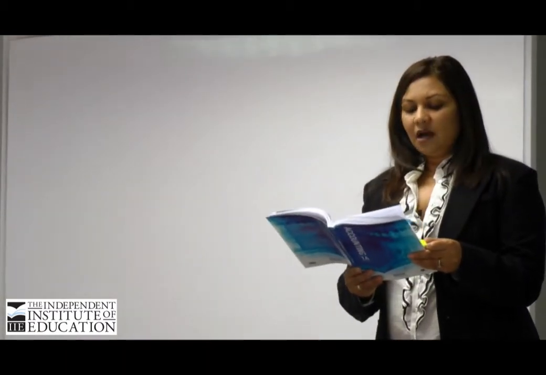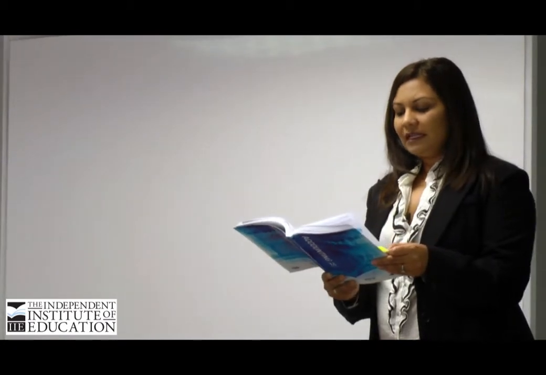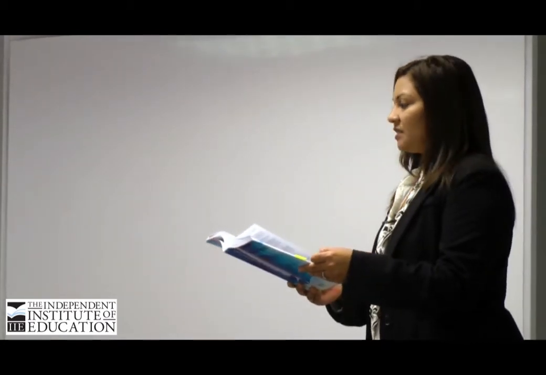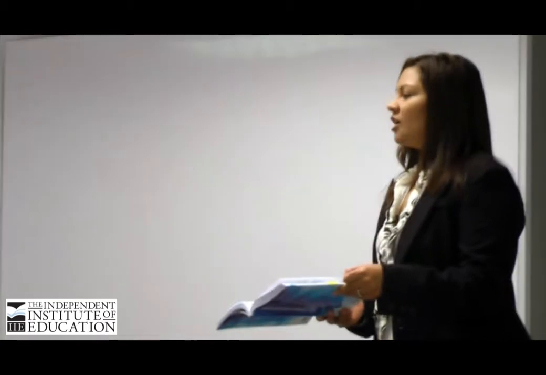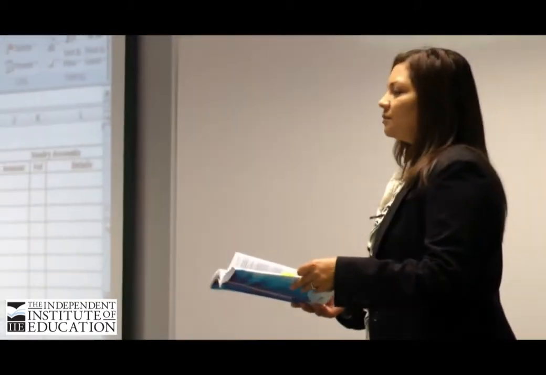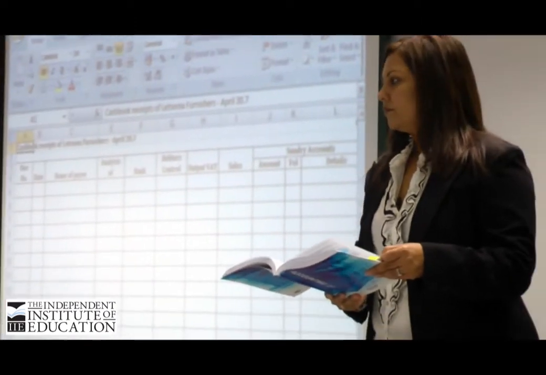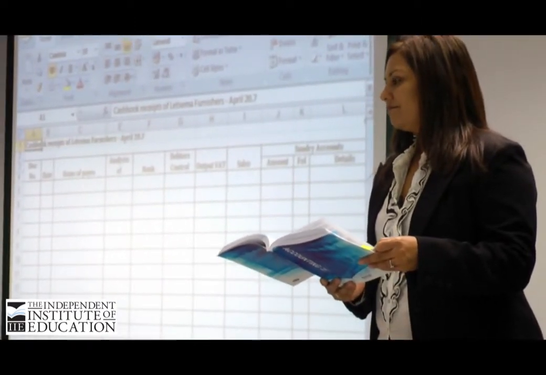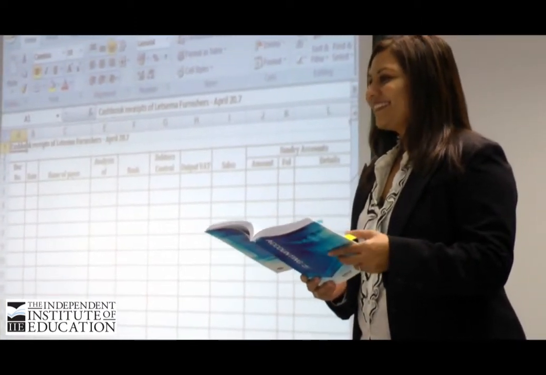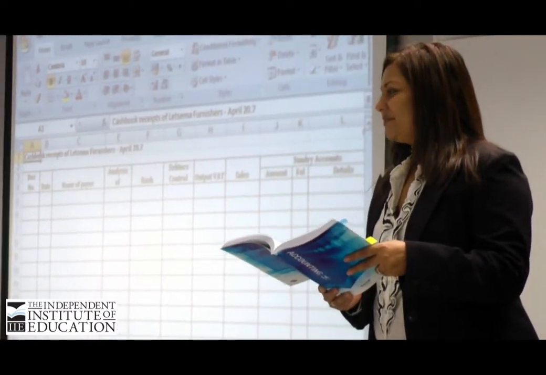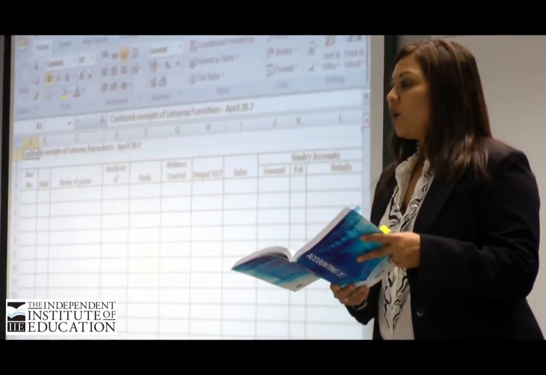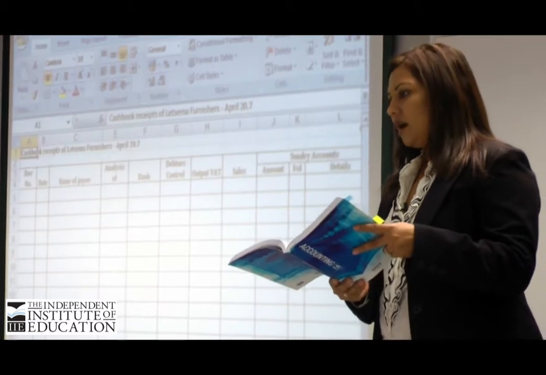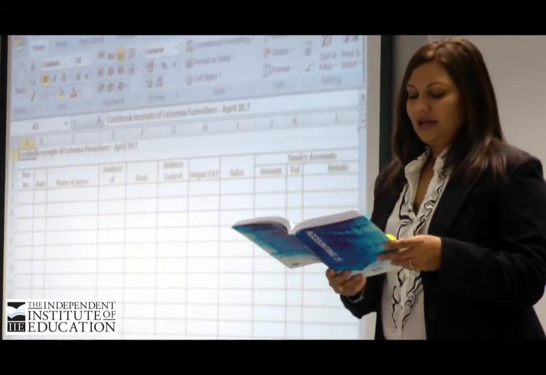And the markup for Letsema Furnishers, they tell us, is 50% on cost. So how do we calculate our cost price when markup is based on cost? It is selling price divided by 100 plus the markup, times 100.